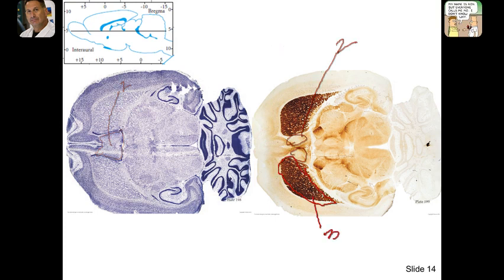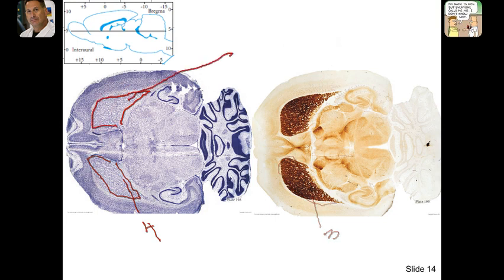You can see it's striated. Also like to mention that the rat has no putamen. It's the caudate and putamen together. Sorry, this is 3. We have the third ventricle.